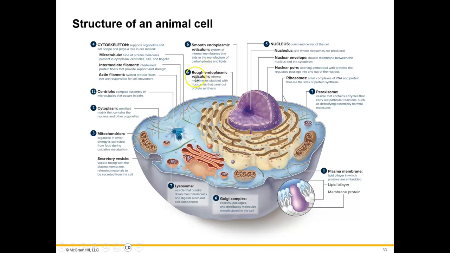So this is the rough ER, and you can tell it's the rough ER because it's got all these ribosomes all over it. So that can be your cue whenever you're looking at a cell or trying to label a diagram. If it's this part around the nucleus that has ribosomes all over it, that's going to be the rough ER. And this is also an area of major protein synthesis.